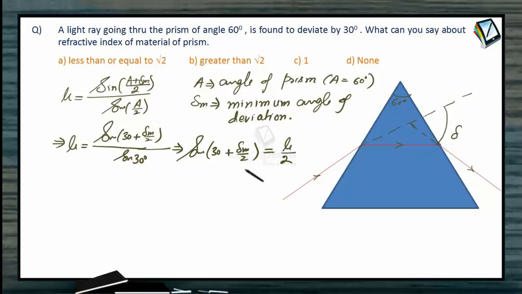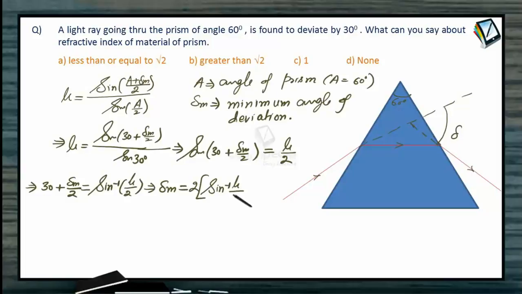So finally, 30 plus delta minimum divided by 2 is equal to sine inverse of mu upon 2, which means delta minimum is equal to 2 times sine inverse of mu by 2 minus 30 degree. So in terms of mu, for this prism of angle 60 degree, delta minimum is this.